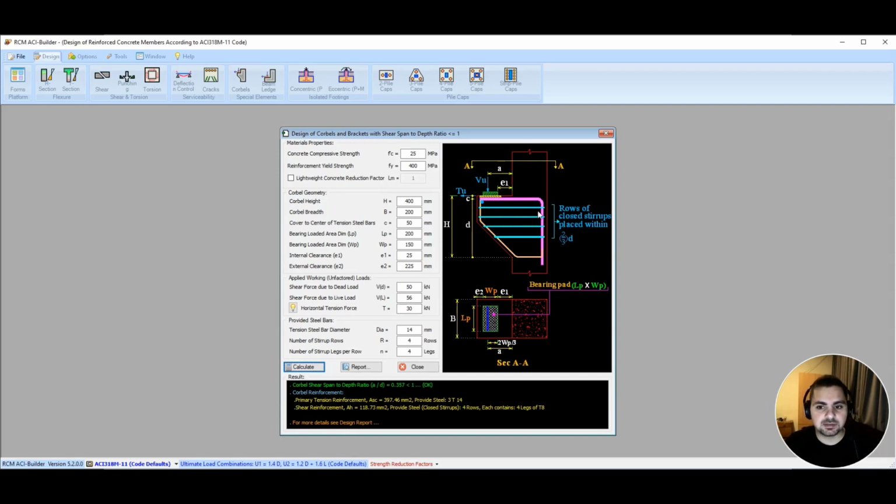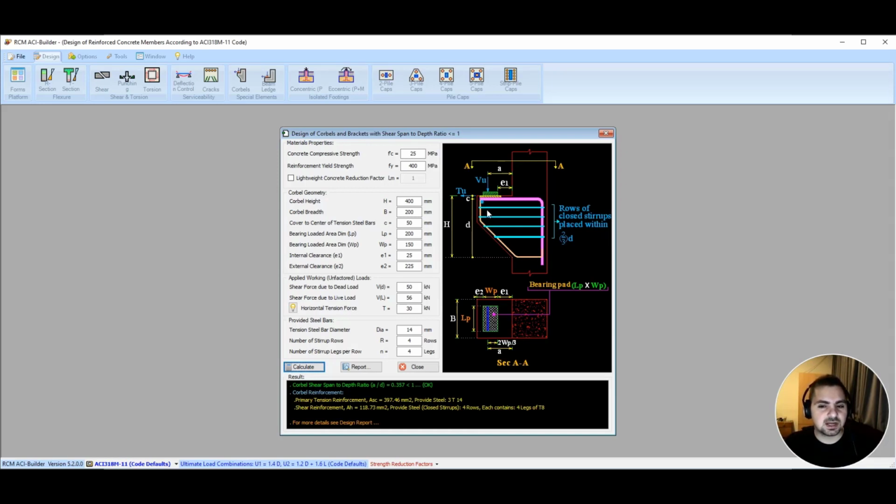My shear stirrups connect to this reinforcement bar here, and connect to this reinforcement, so it's working as a connection for my shear stirrups for them to be placed correctly. So this is the main functionality of this reinforcement.